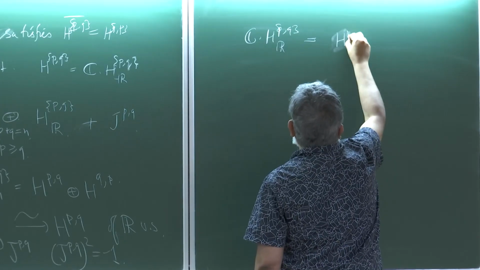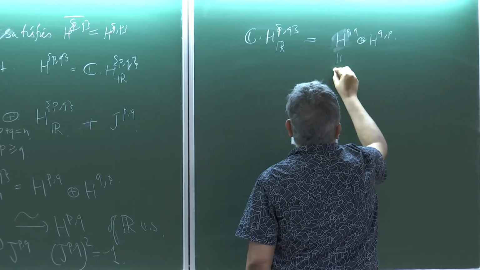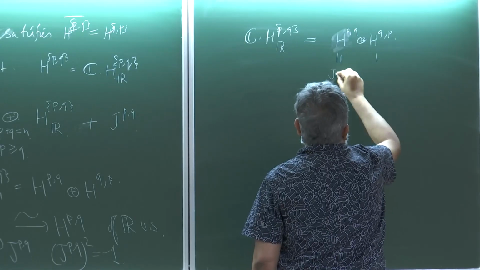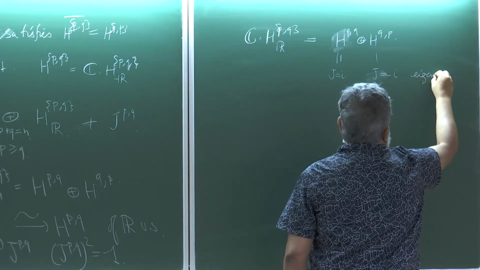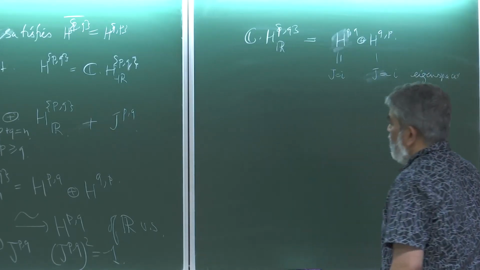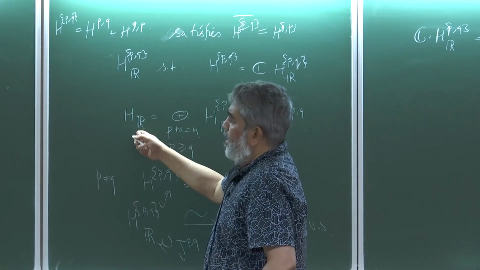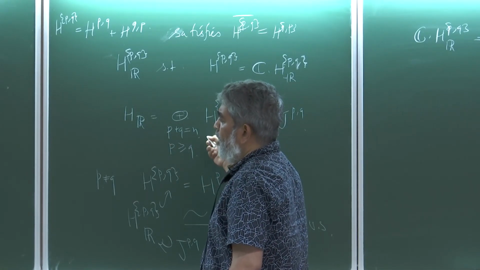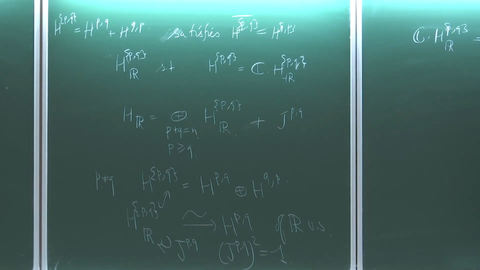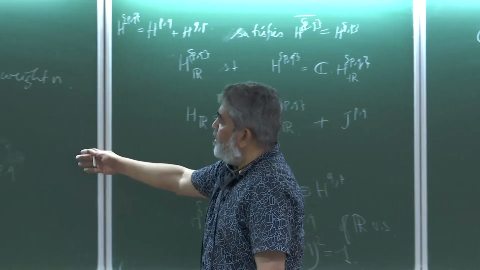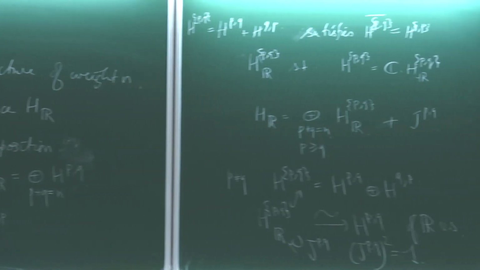So H^{PQ} and H^{QP} are given by, this is the J equal to i eigenspace and this is the J equal to -i eigenspace. So a Hodge structure can also be said as: you take a real vector space, give a decomposition like this, and for P not equal to Q, you should have a complex structure. Okay, so you can put it that way also, but this is the more traditional way because that's what comes from cohomology.